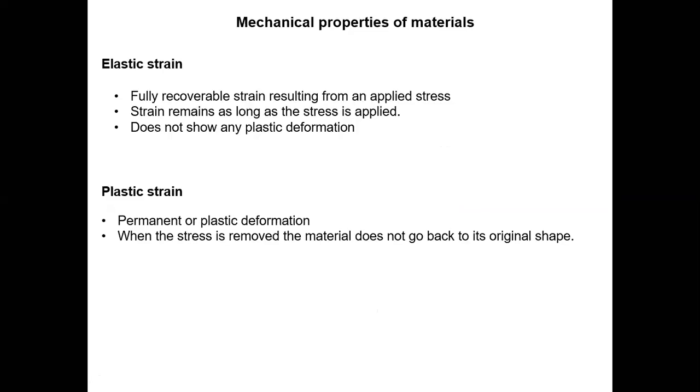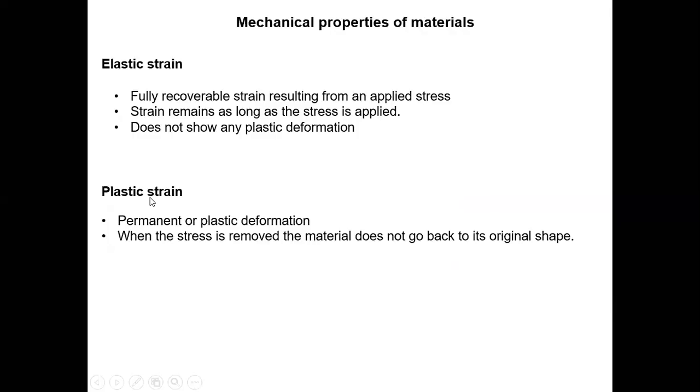I already explained that elastic strain, right? I will add a new term, the plastic strain. Elastic strain means the fully recoverable strain. That means once you apply a load, it will stretch. Once you release it, it will return to its original size and shape, right? That we call the elastic strain.